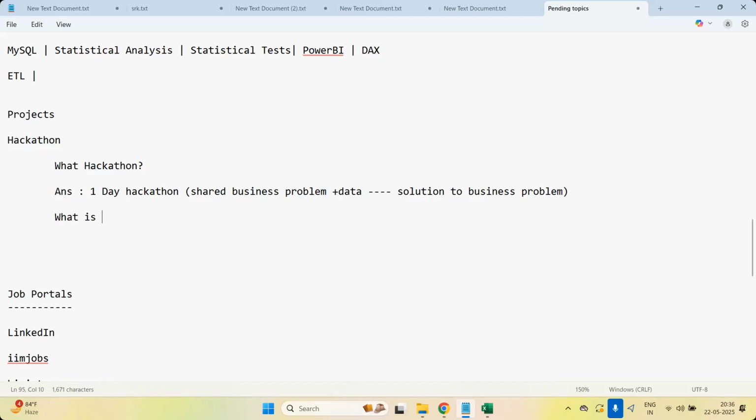Okay, so it is stroke prediction data. Which type of people are getting the stroke problem? And is there any impact of previous diseases or not, like hypertension, heart disease, anything? So we have to check the stroke problem. So they'll ask the question, what is the business problem? What is the business problem you have worked on?